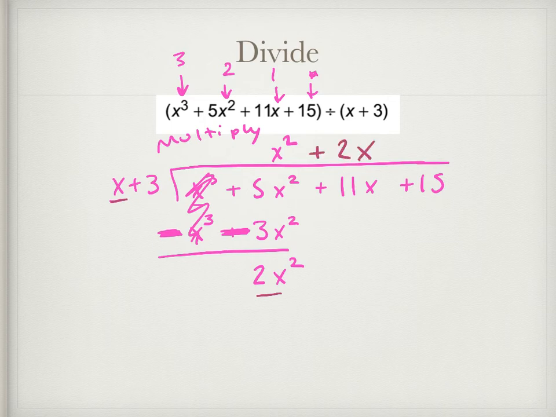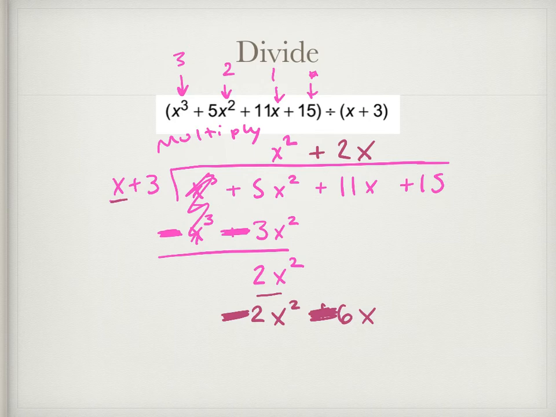What's 2x times x? 2x squared. What's 2x times 3? 6x. What do we do next? Change the signs.